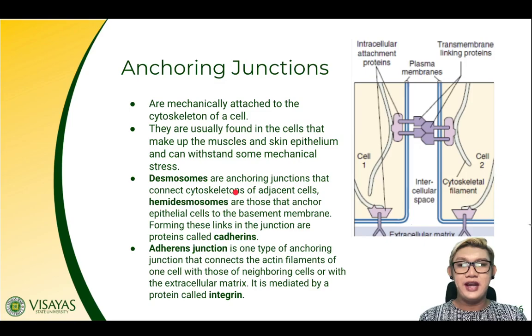Anchoring junctions, on the other hand, are mechanically attached to the cytoskeleton of the cell. They are usually found in the cells that make up the muscles and skin epithelium and can withstand some mechanical stress. They connect these two cells, and they are mechanically attached to the cytoskeleton.